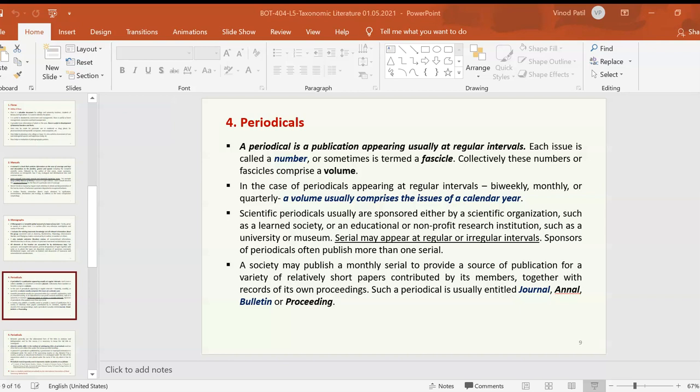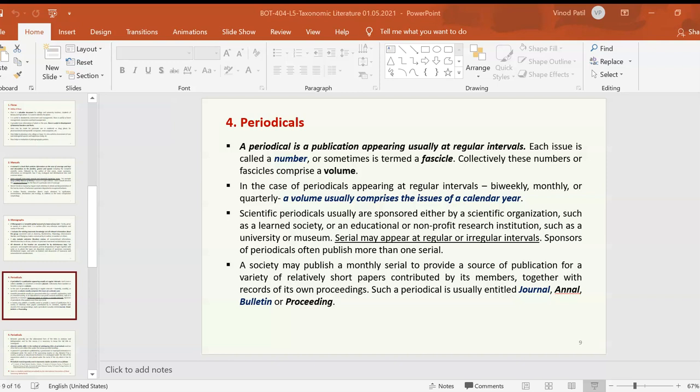But we can start circulating this information in the form of a periodical, such as a university or museum, and a serial may appear at regular or irregular intervals. Sponsors of periodicals often publish more than one serial too.